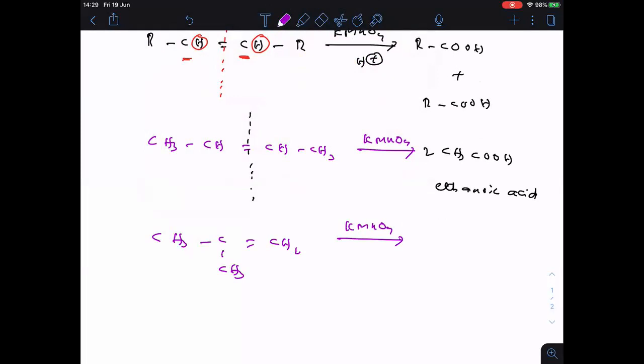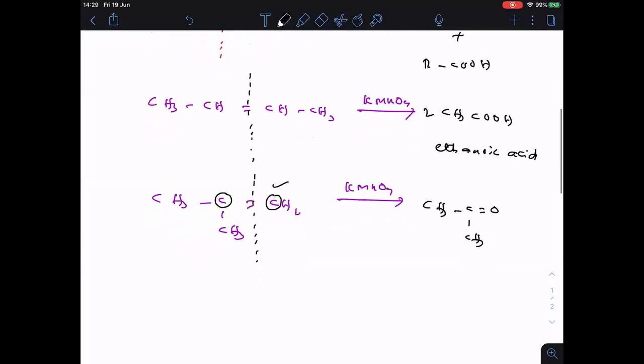Now, one important thing I want to tell you: look here, this double bonded carbon is not having hydrogen, and this double bonded carbon has hydrogen, so this undergoes oxidation. If you break the bond here, one double bonded carbon will get oxygen, but that is not an acid, it is a ketone. And the other double bonded carbon, which has hydrogen, undergoes oxidation and gives formic acid.